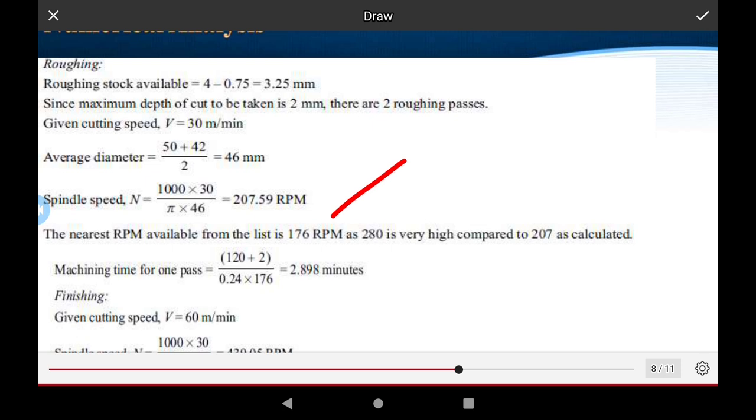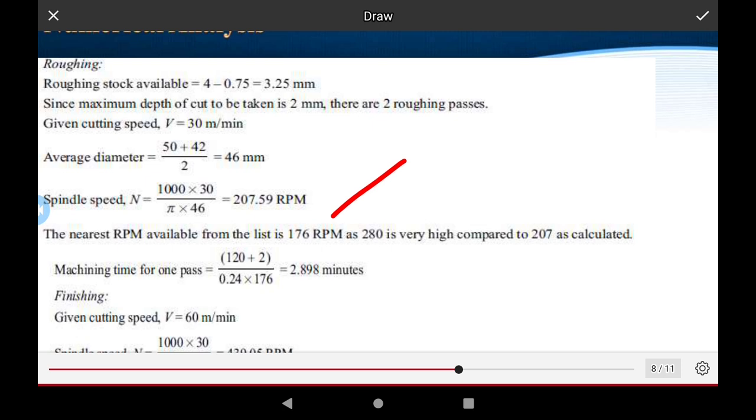The rpm available in the list is 176 rpm, as 280 is very high compared to 207.